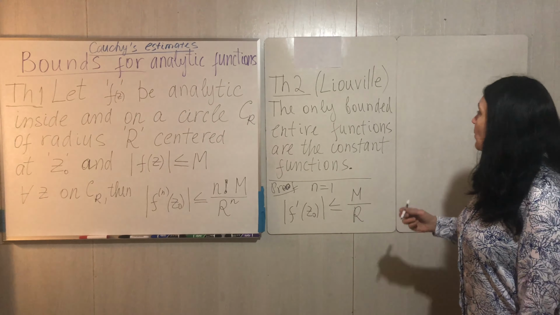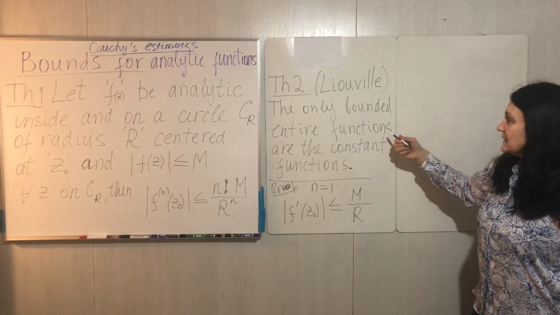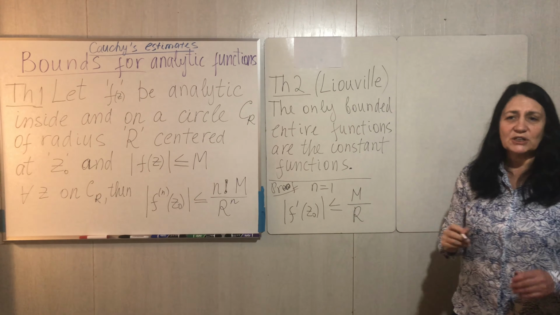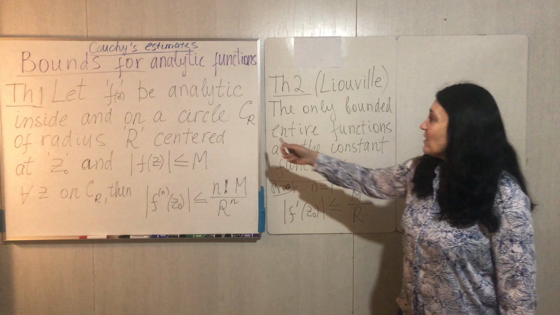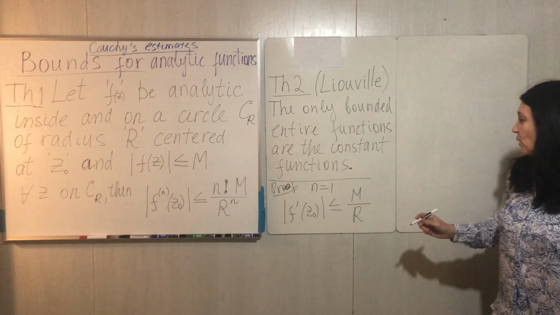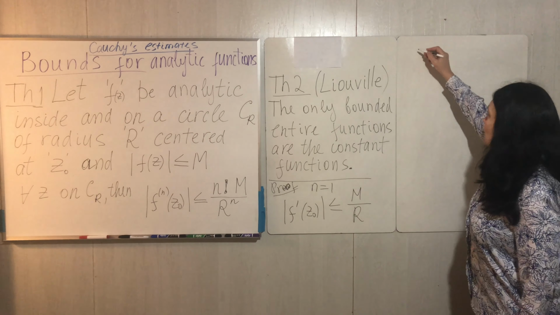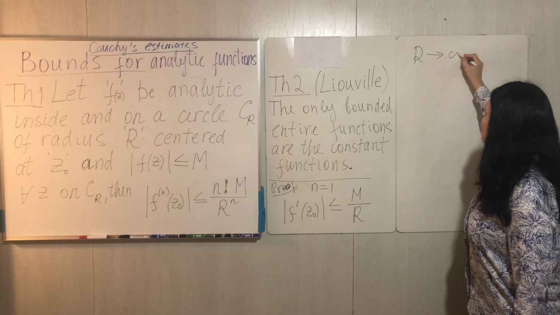And so what does it mean that our function is entire? Entire means an analytic function in the whole plane. So we can take the radius of our circle as big as we wish. And then what happens if we send r to infinity?